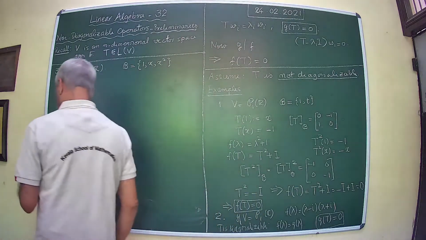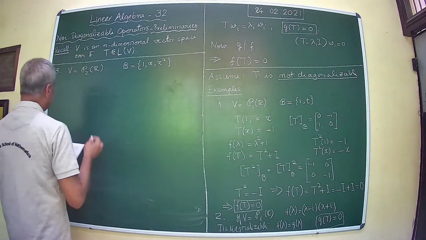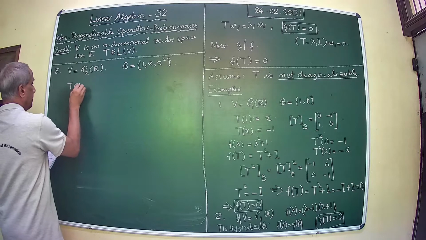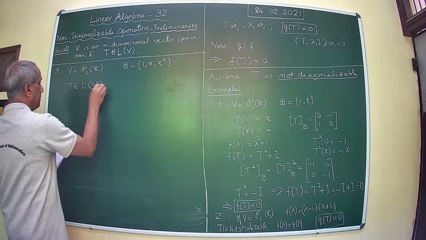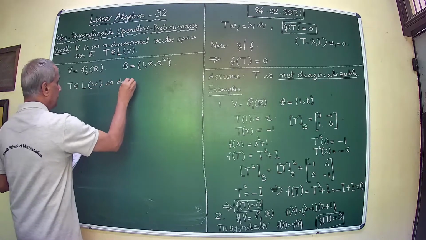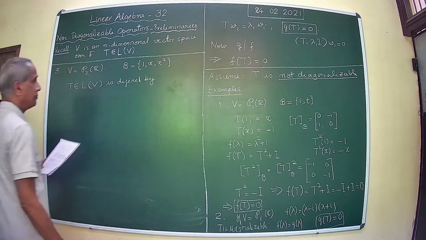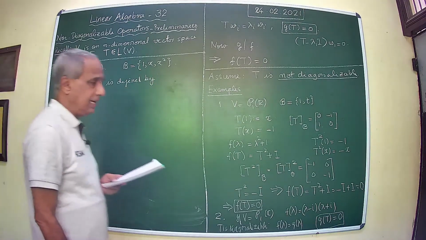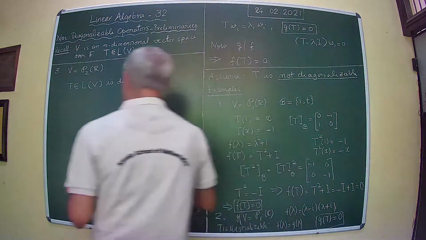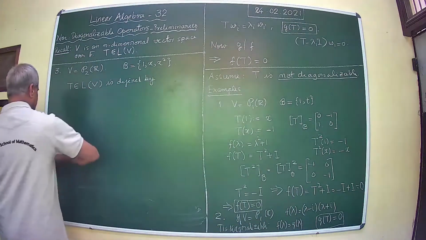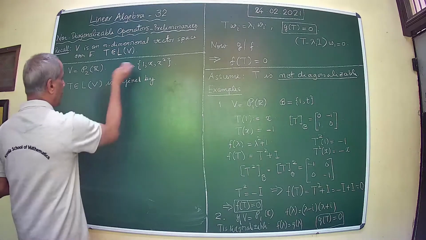Okay. Now we define T by fixing what T does on 1, x and x square, and then extend it linearly to the whole space.